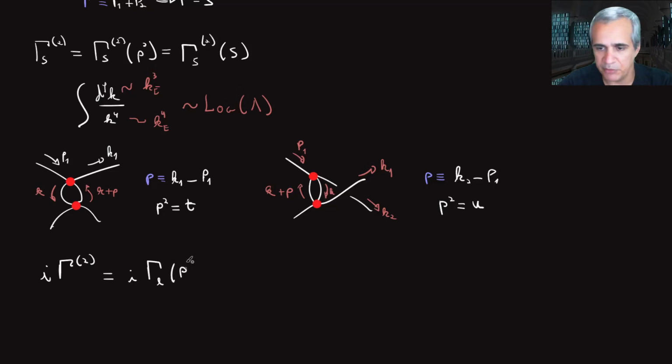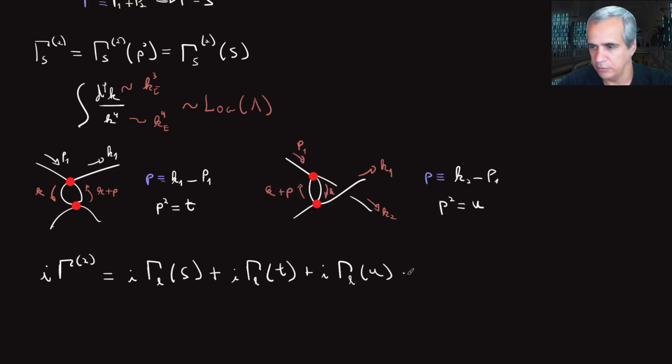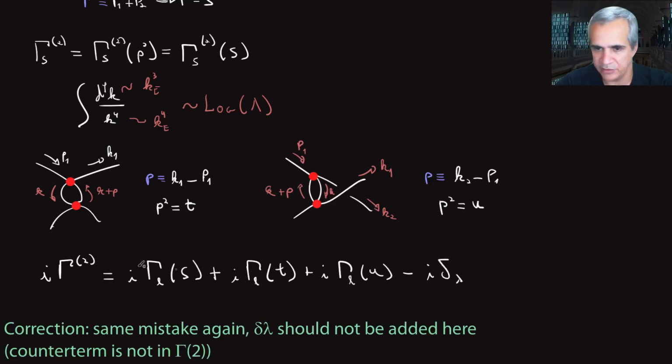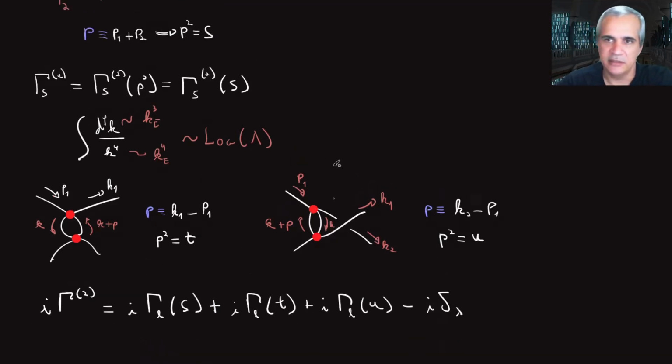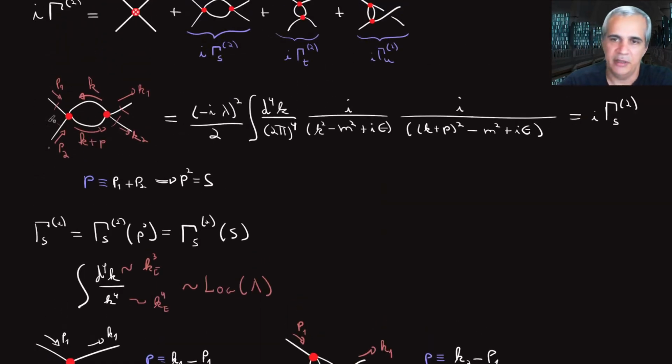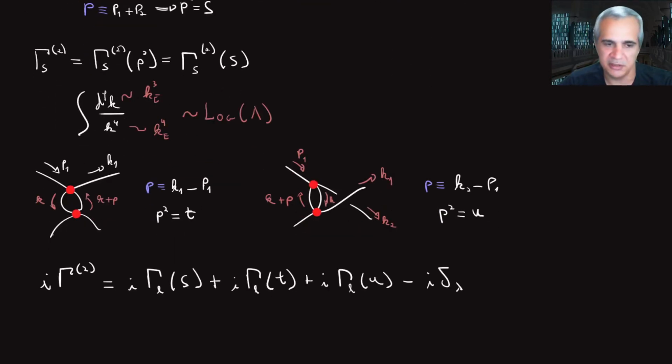And this will be p squared equal S, which I can just put S here, plus I gamma L T plus I gamma L U. Minus, of course, the counterterm at this order. So if I calculate this gamma L for this S channel loop, I'll know this function in terms of p squared, and then I know the other two. I just have to, in one case, substitute p squared for S, in the other case for T, in the other case for U. So I get 3 loops for the price of one calculation, which is pretty good.